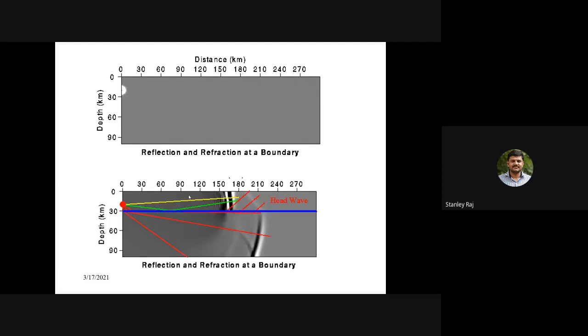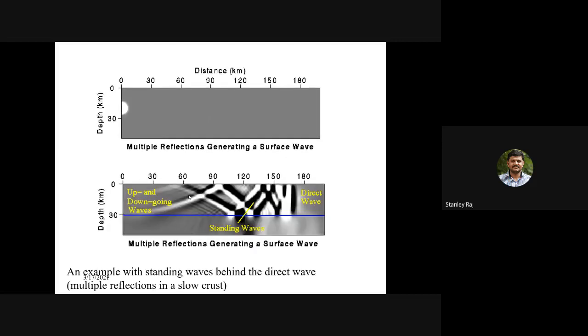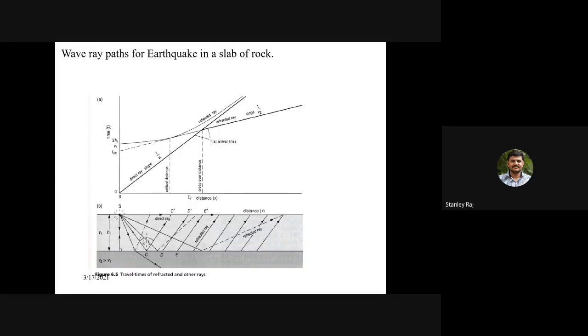On a boundary, reflection and refraction, the wave propagates like this. The surface waves, that is the Love wave and Rayleigh wave, and how they propagate, can be recorded like this. So these are all the relationships between the refracted and reflected rays.